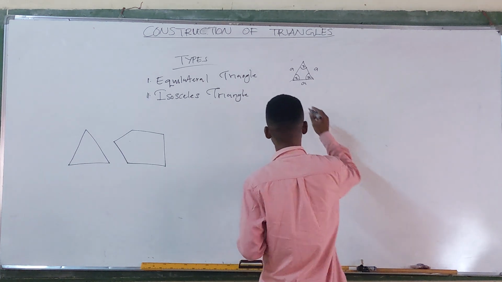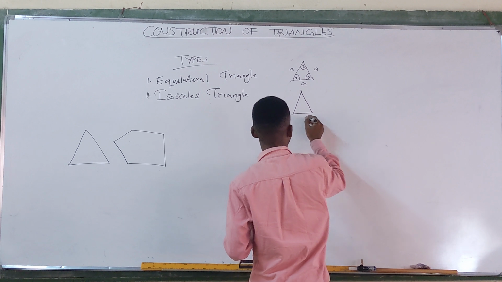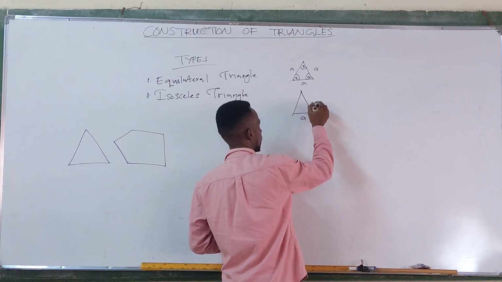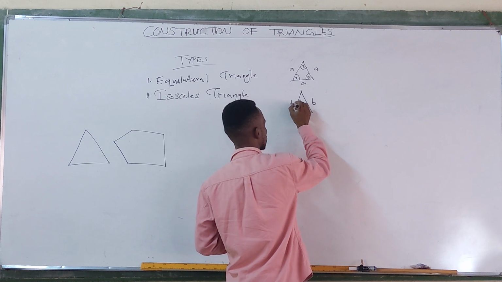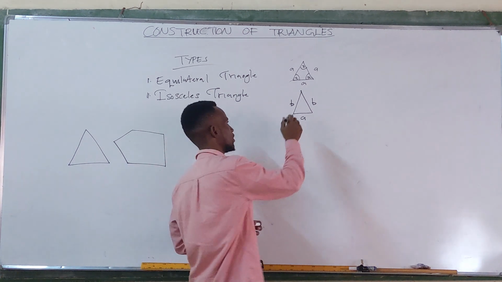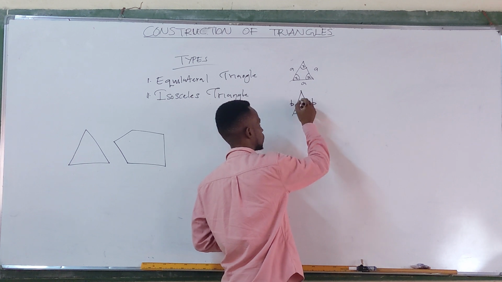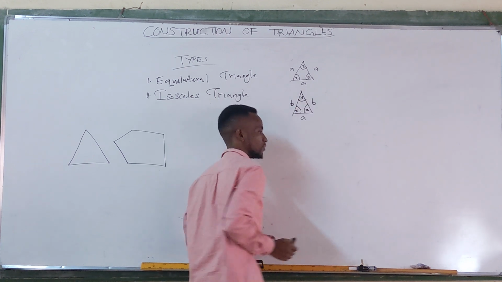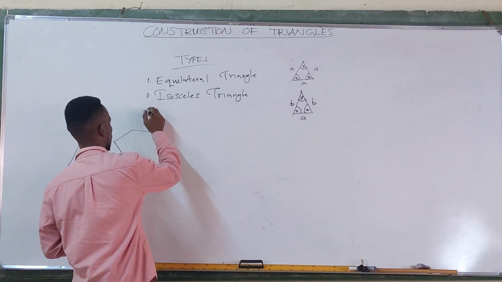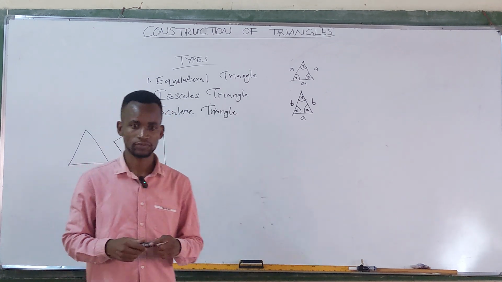So you expect an isosceles triangle to be like this. If this side is A, then this one will be B and B there. And then that angle and that angle have to be equal, but the other one should be different.